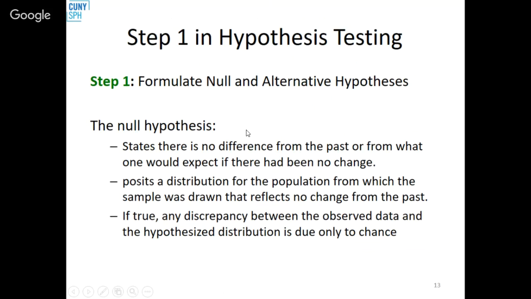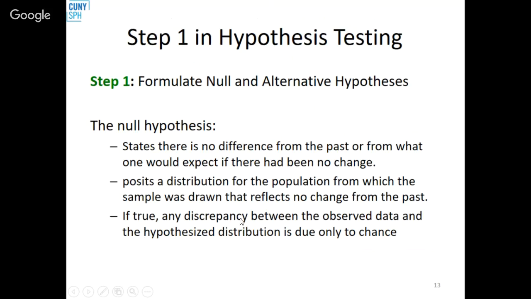All right, I'm going to talk about all of these steps in some detail now. So step 1, formulating the null and alternative hypothesis. Again, this null hypothesis states that there is no difference from the past or from what one would expect if there had been no change. And by doing that, it posits a distribution for the population from which the sample was drawn.